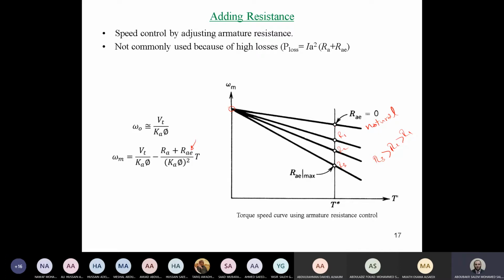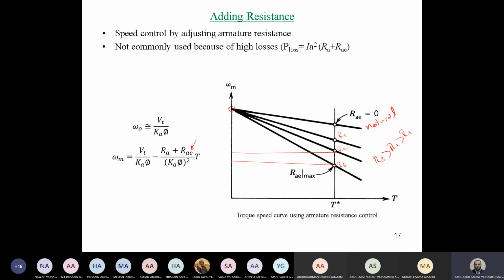And as you can see, each point will have different speed. Okay? If we extend the line from this point to here, you will find that the speed is different. Right, Shabab?